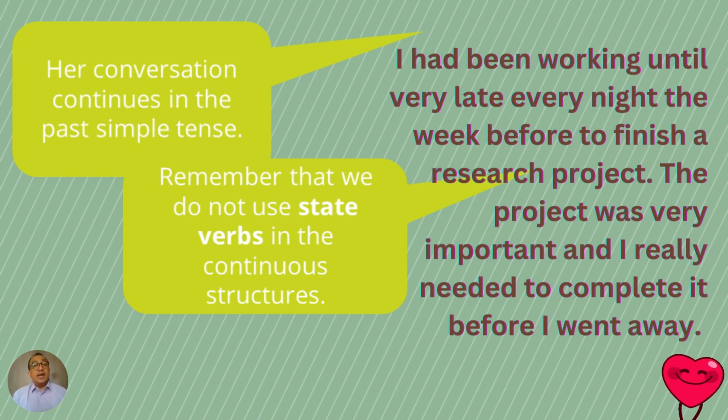But when you say "I need it," "I want it," and "I like it," the words want, need and like are not categorized as action verbs but state verbs, and they are not used in continuous structures. Not like "I had been working," that is a continuous structure.